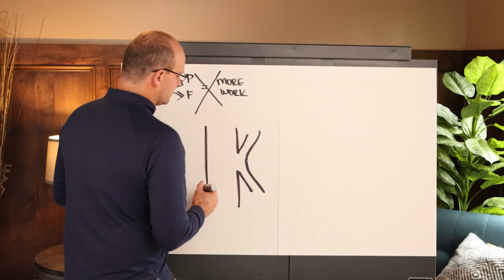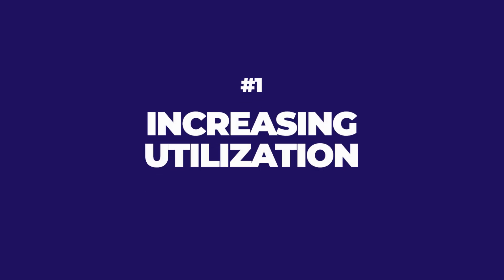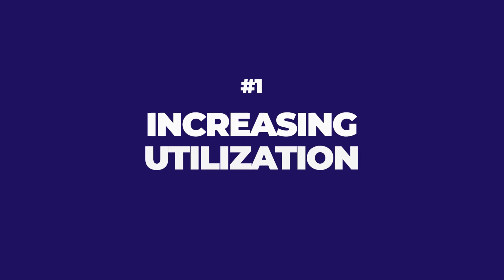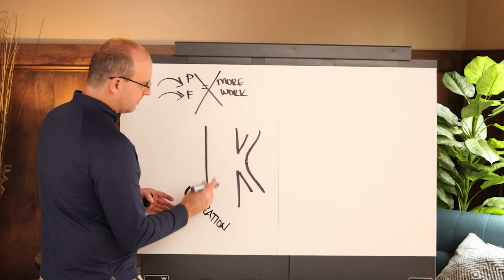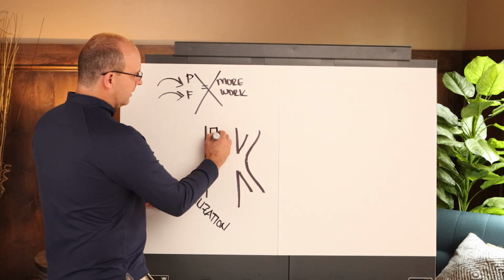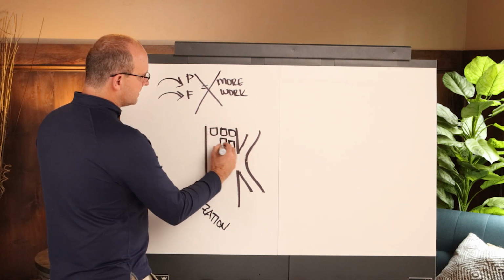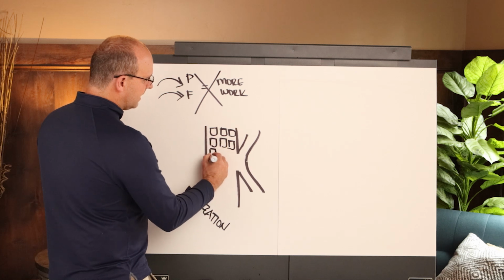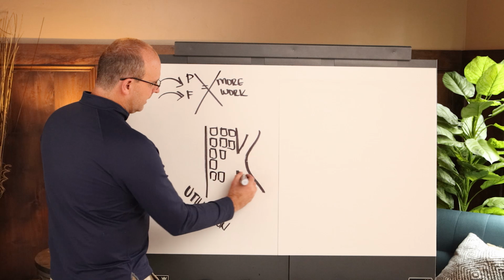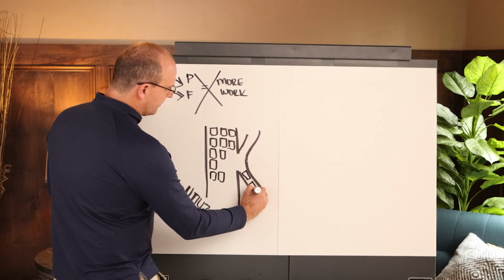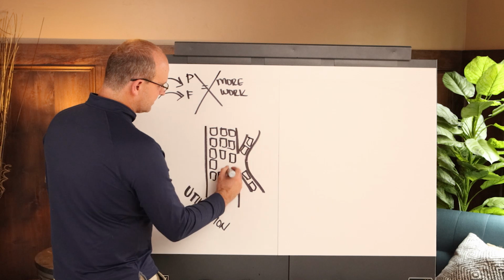So let's look at concept number 1, is that if you actually increase utilization, meaning that you are going beyond the capacity of the freeway, and you have quite a few cars in here, and they're all stacked, okay, and it's highly utilized. You've got a lot of people in the fast lane, and you've got a lot of people coming on the freeway, and you have probably exceeded the capacity here.